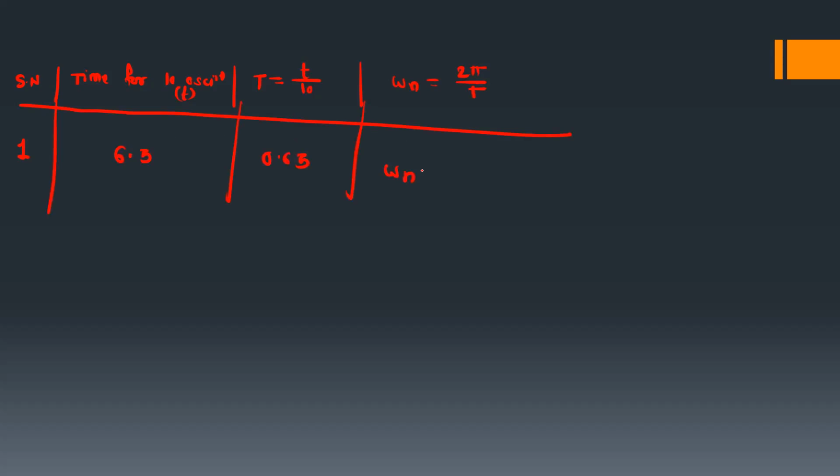And omega n experimentally is 2 pi upon T. So check this value.